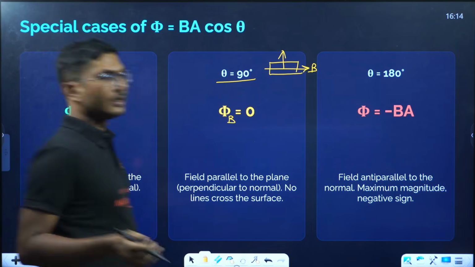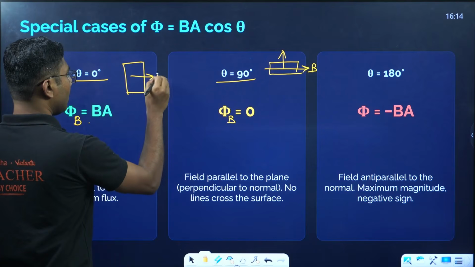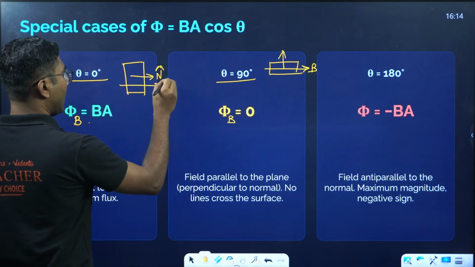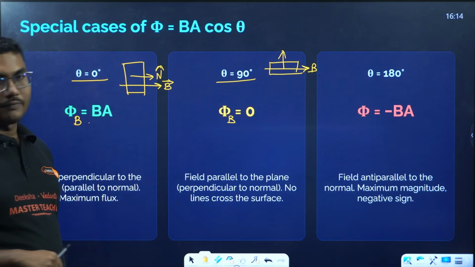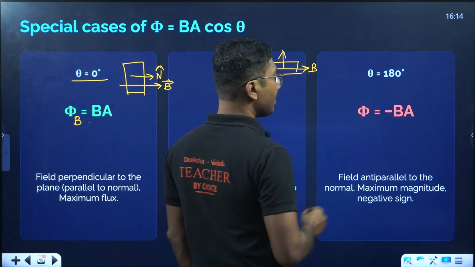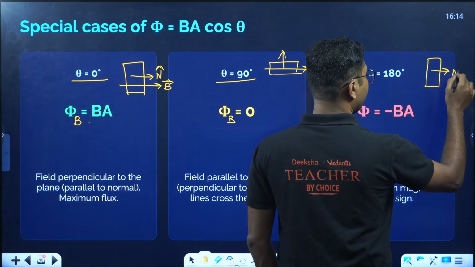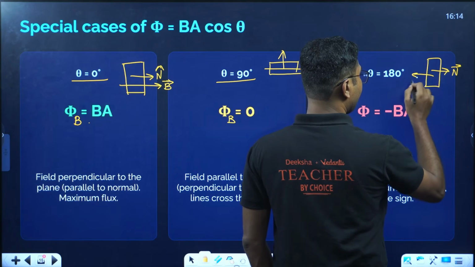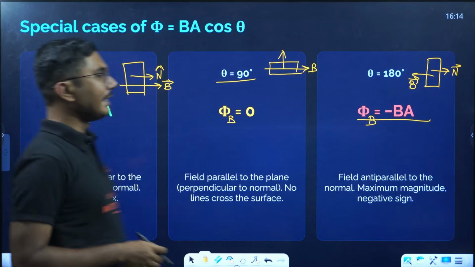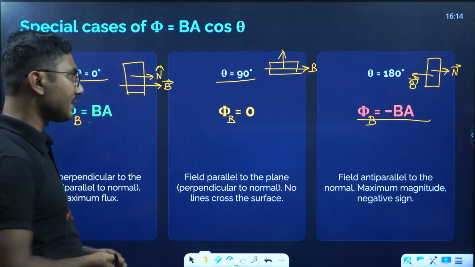In the first case they are parallel, that means the flux is maximum. Here the angle is 90 degrees, flux is minimum. And here, with the surface, the normal vector and the magnetic field anti-parallel, it will be minus BA. Field anti-parallel to the normal, maximum magnitude but negative in sign.